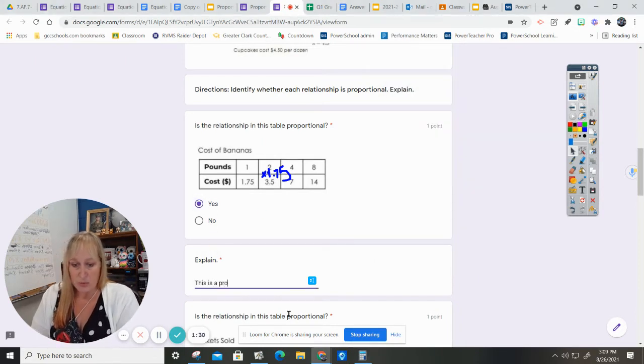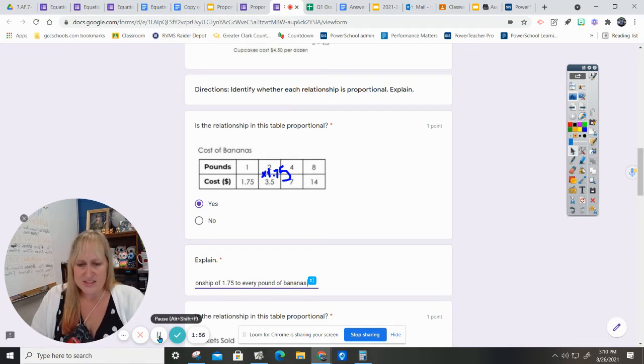This is a proportional relationship of 1.75 to every pound of bananas. That's awful.